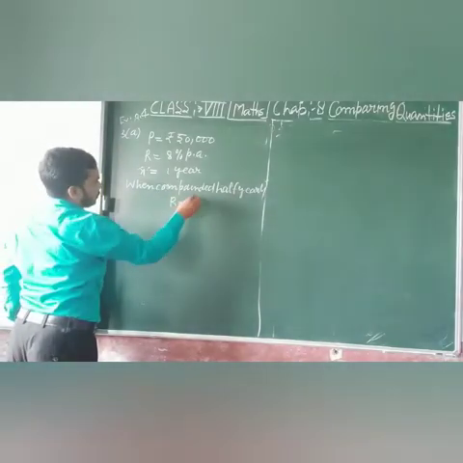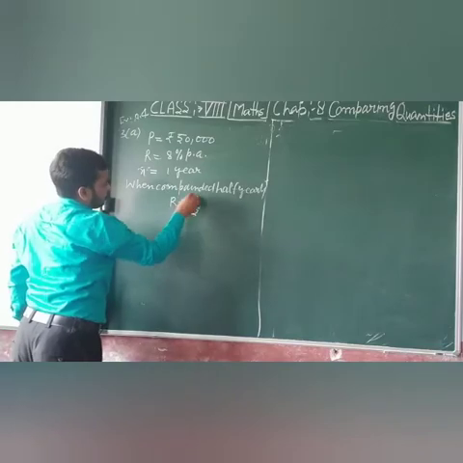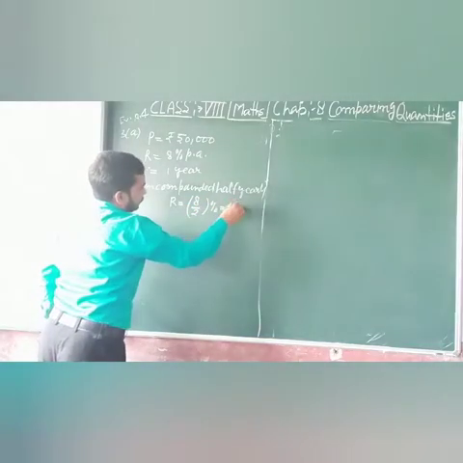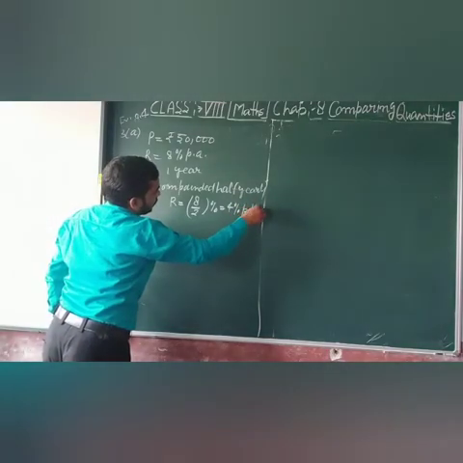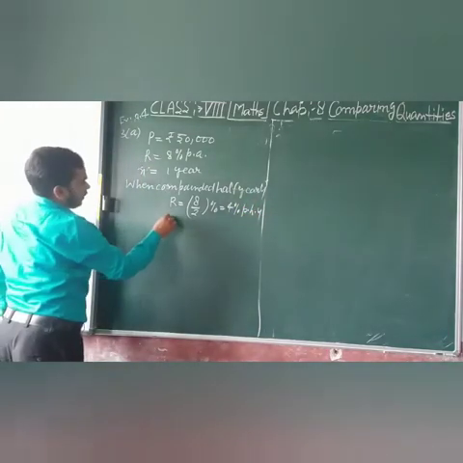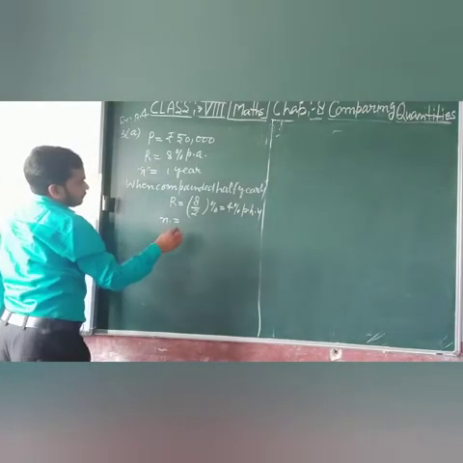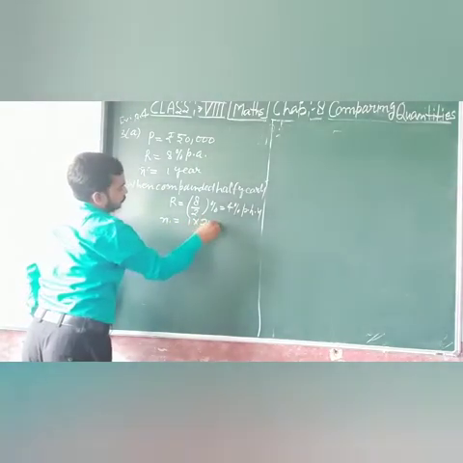rate equal 8/2, that means 4% per half yearly, and n equal 1 into 2, that equals 2 half yearly.